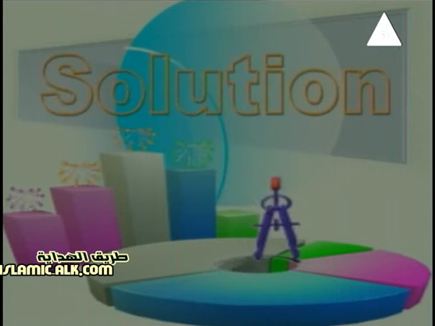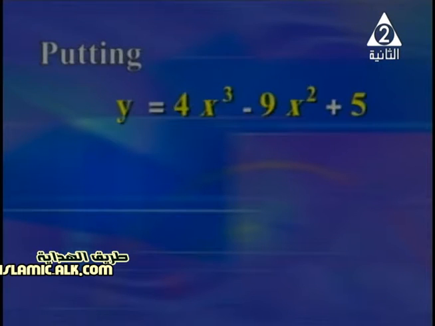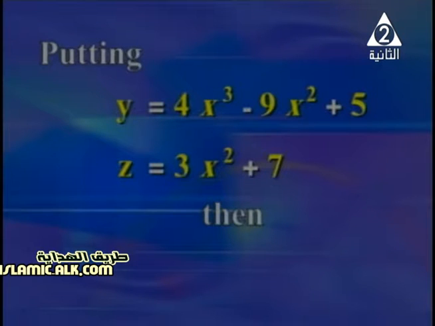Solution. Dear student, by putting y equals 4x power 3 minus 9x squared plus 5 and z equals 3x squared plus 7. Remember, we find the derivative of the first function with respect to the second function. What do you mean? The derivative dy over dz.